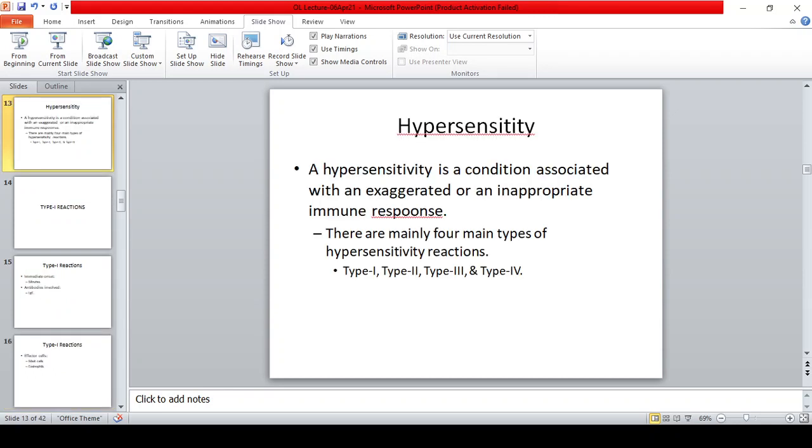So what's hypersensitivity? A hypersensitivity is a condition associated with an exaggerated or an inappropriate immune response. So there are mainly four main types of hypersensitivity reactions: type 1, type 2, type 3, and type 4.